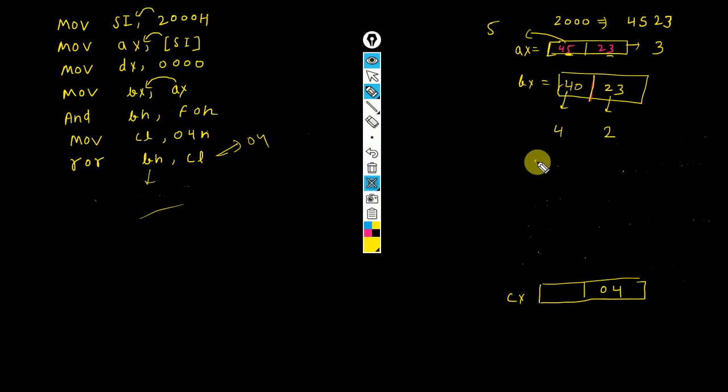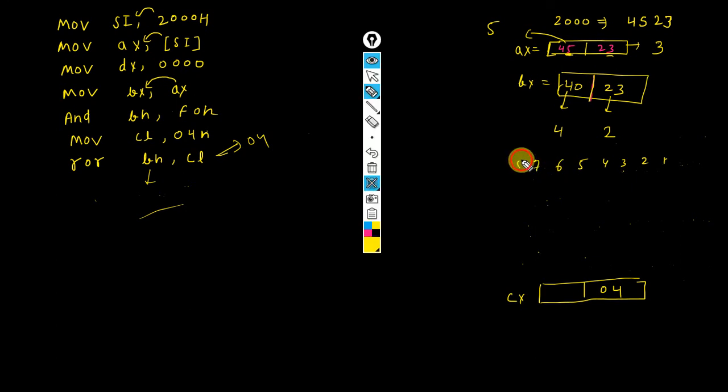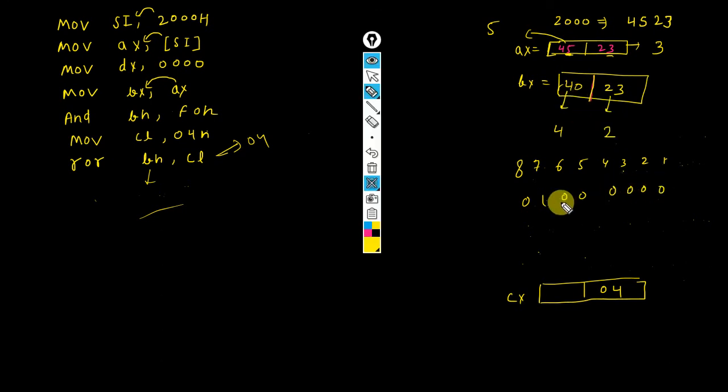So the content of BH is, suppose, write 1 2 3 4 5 6 7 8 bit positions. Write this 40. So this is 0 1 0 0 and 0 0 0 0. This is your 4 and this is your 0.